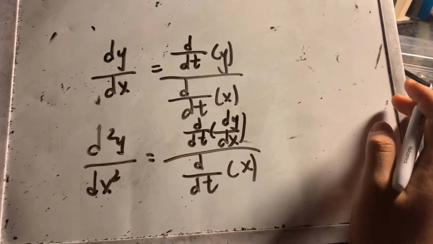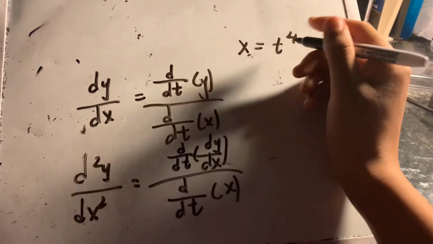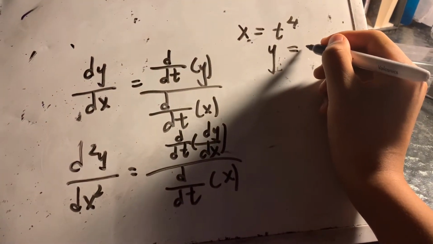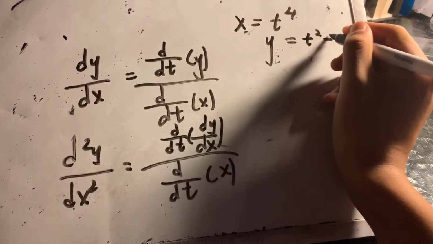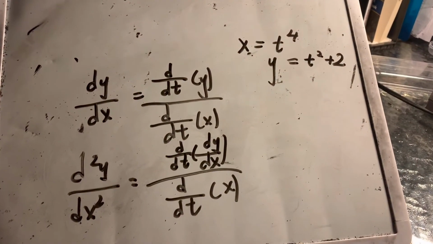Give an example. If x is equal to t to the power 4 and y is equal to t squared plus 2, you are required to find this.